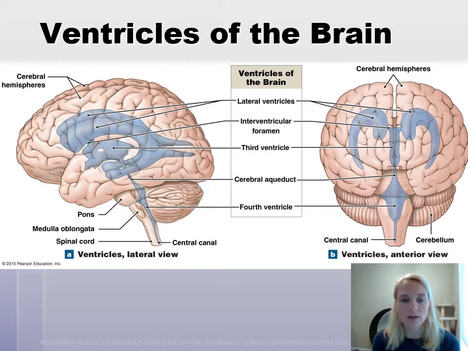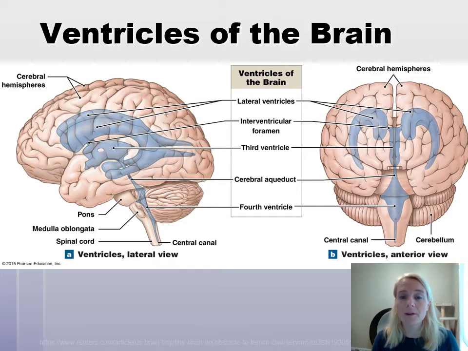All right, so here is a diagram of the ventricles of the brain. At the end of the last video with the embryology showing the neural tube, it had the hole in the middle. That hole develops into these very particularly shaped spaces inside of the brain, which we call ventricles.